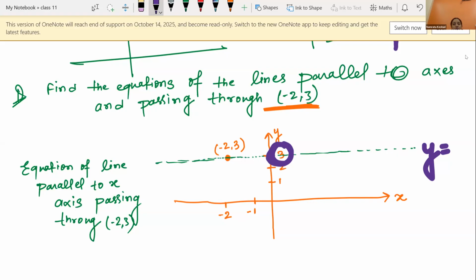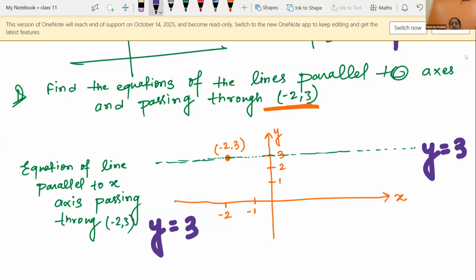The line passes through -2 comma 3, but the equation will be y equals to 3. Can we say it will be y equals to k, that means the k value will be 3 over here? Yes, ma'am. So we are done with the first part.